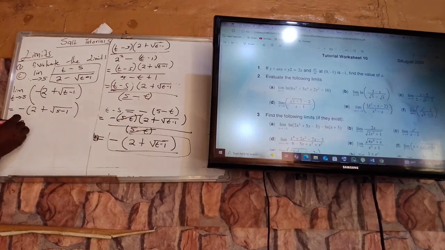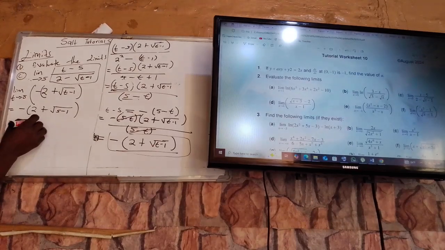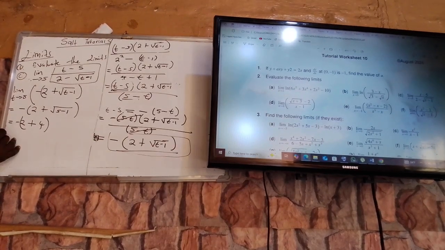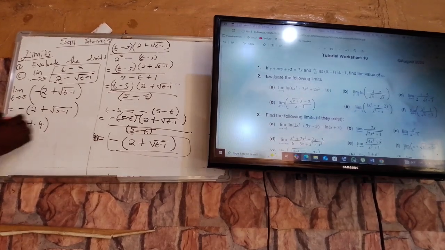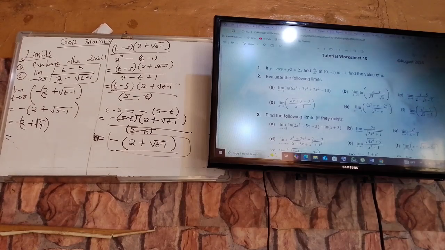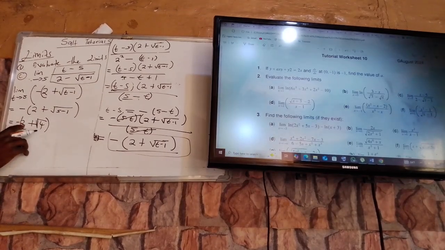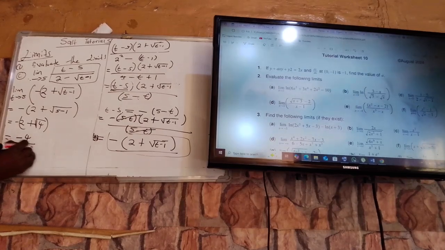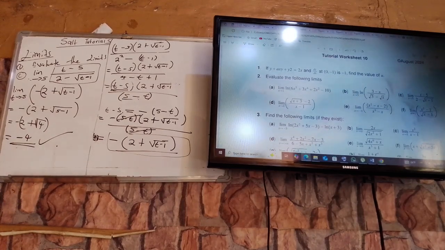This will be -2 plus root 4, so this is the root 4, and then root 4 is 2, plus 2 is what? A 4, and there's a negative outside, so this is -4 as our solution.